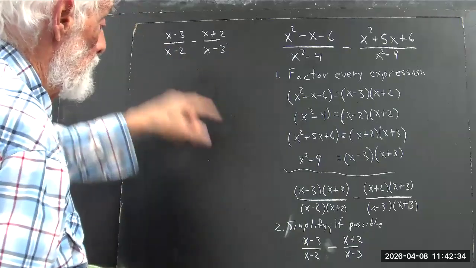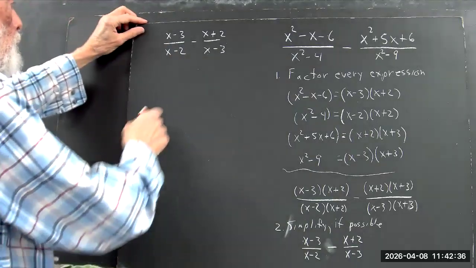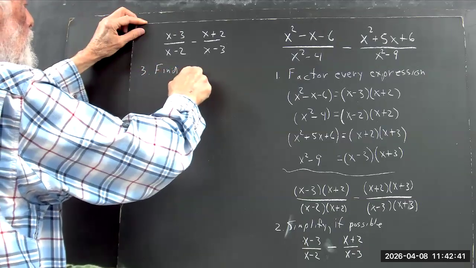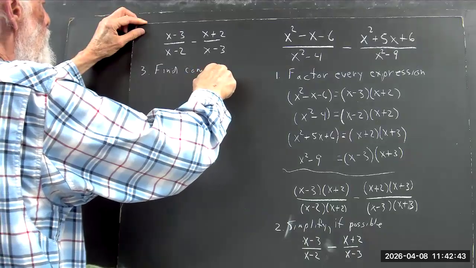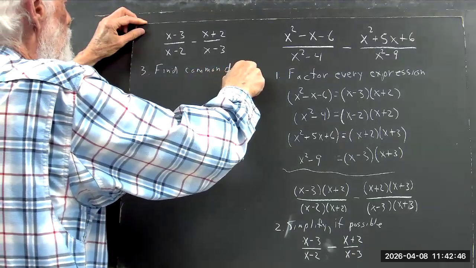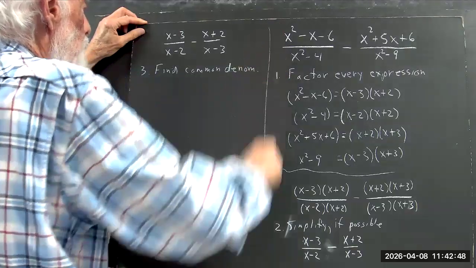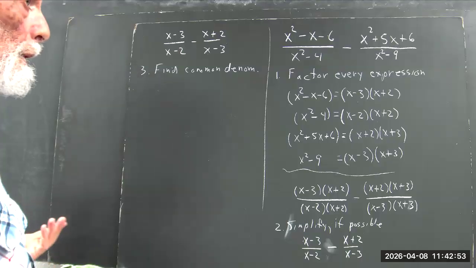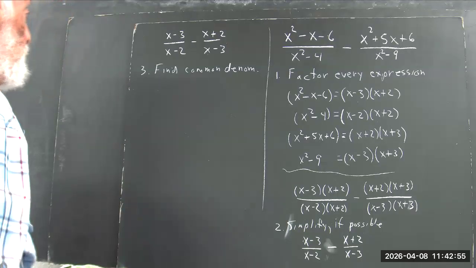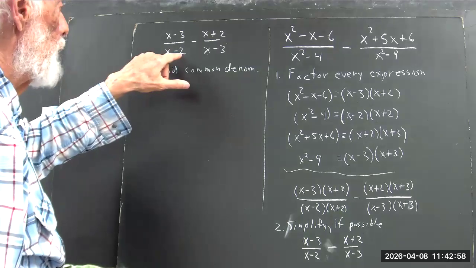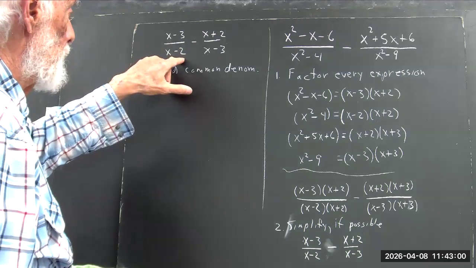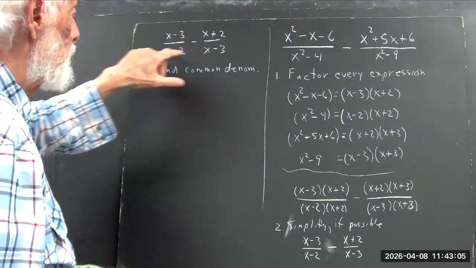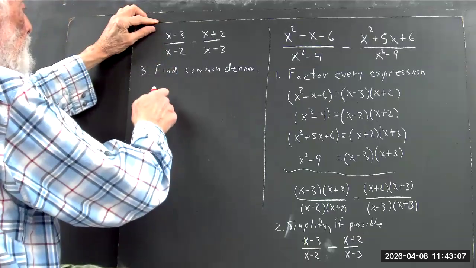Okay, so just continuing where we left off. Third step: find the common denominator, which I'll abbreviate as CD. I believe everybody will know what that means. Okay, well, what's the common denominator? In this case, we only have one factor in each denominator, x minus 2 and x minus 3. If we're going to have a common denominator, it has to contain both of these factors.